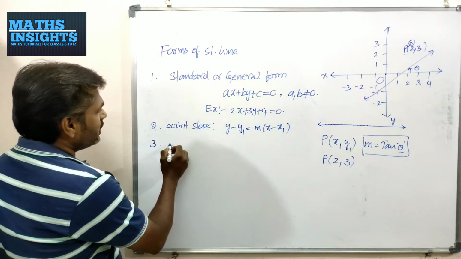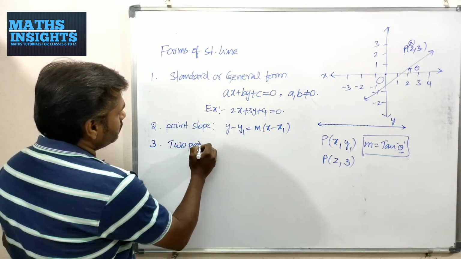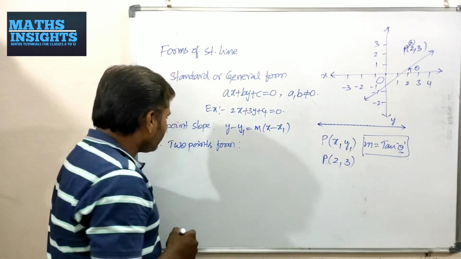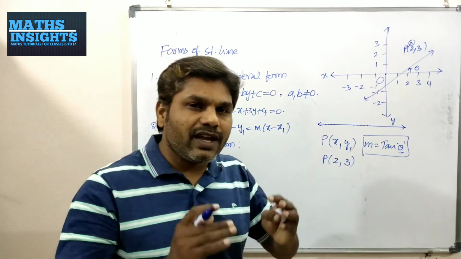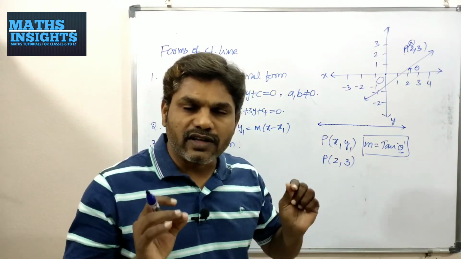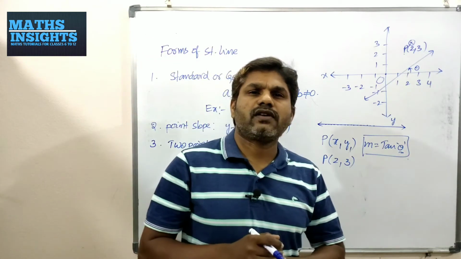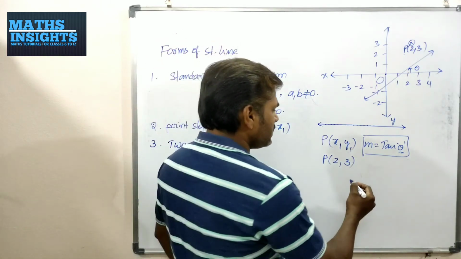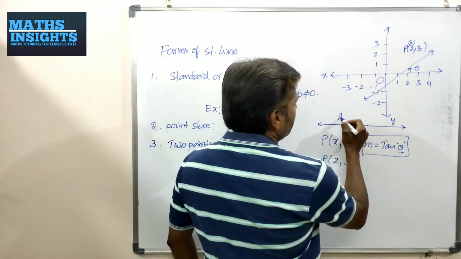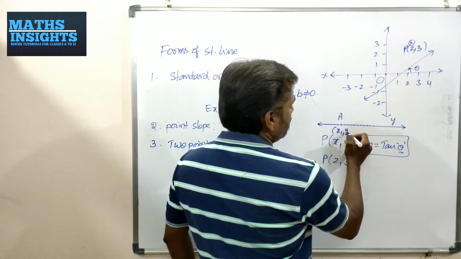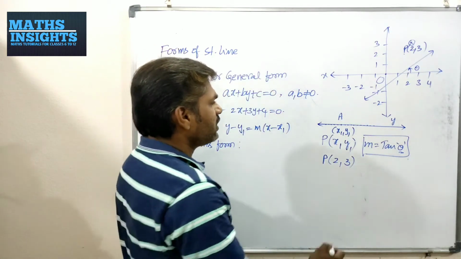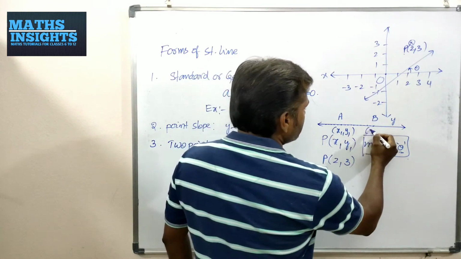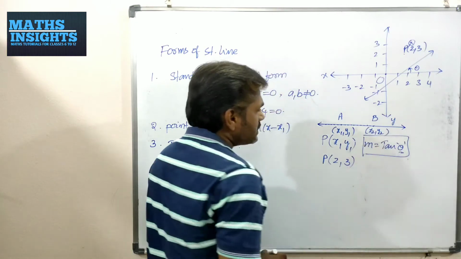Third one is 2 points form. See, the name itself says 2 points. When any 2 points on a straight line are given, let those points be x1 comma y1 and x2 comma y2. I am taking a point A whose coordinates are x1 comma y1 and another point, let it be B, whose coordinates are x2 comma y2.